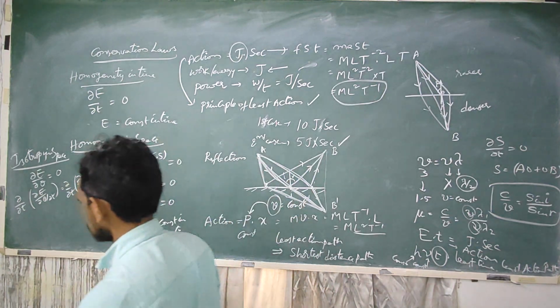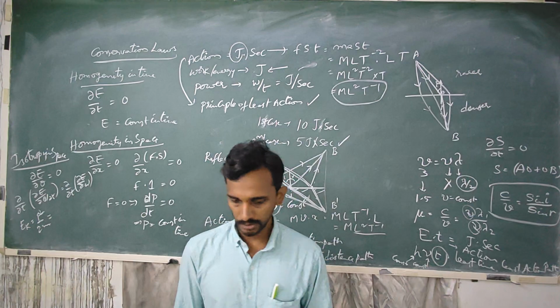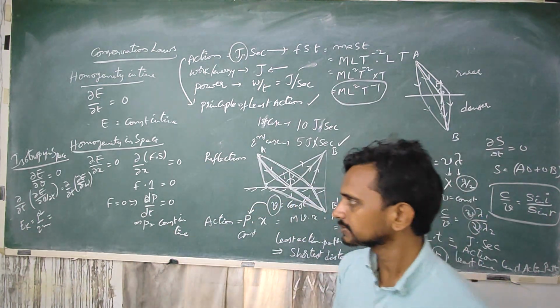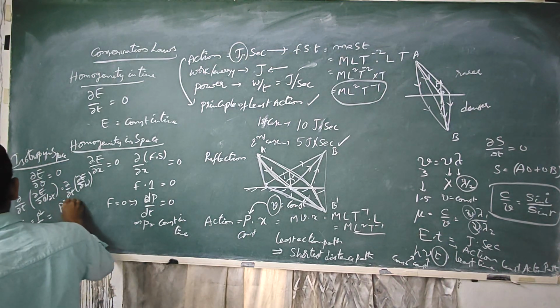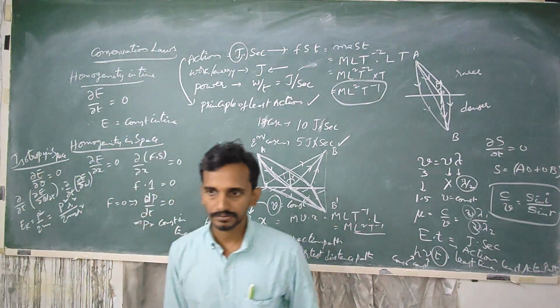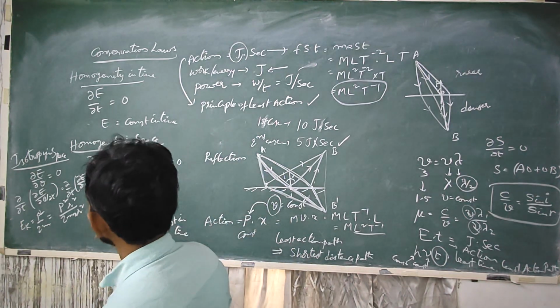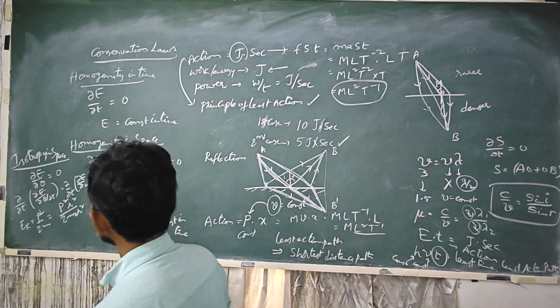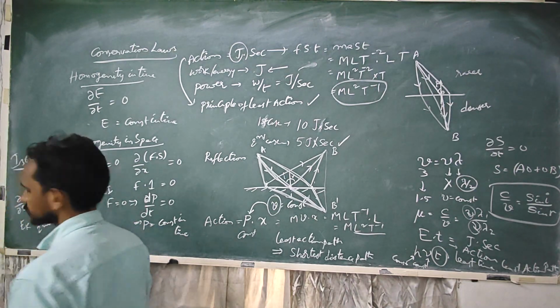What do we have? Kinetic energy Ek is p square by 2m. If you write it in terms of rotatory motion, angular terms, it is p square r square by 2m r square, which is L square by 2I.